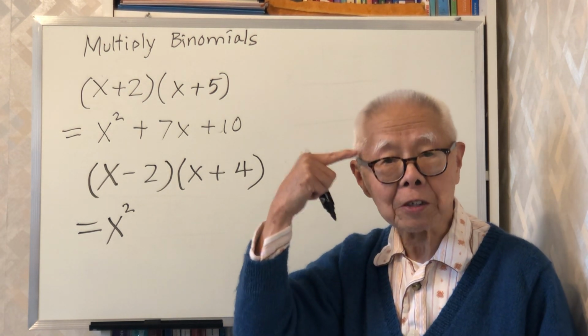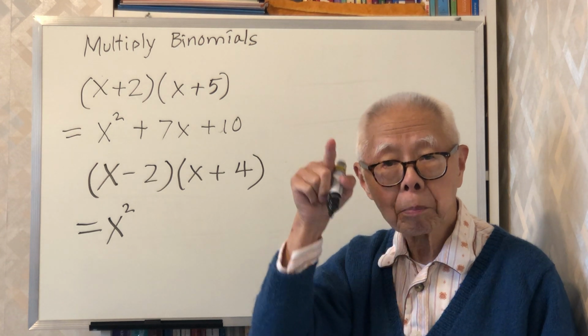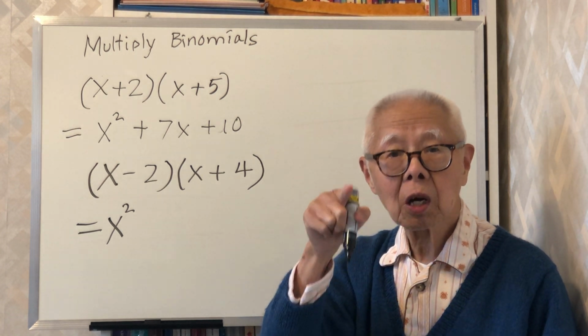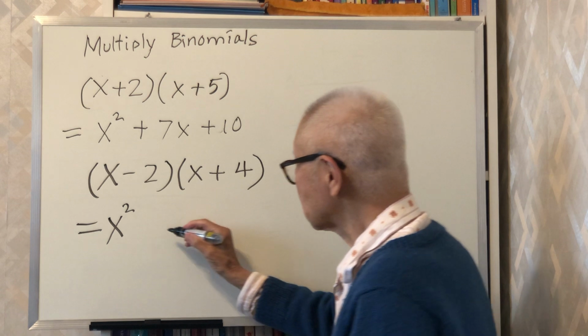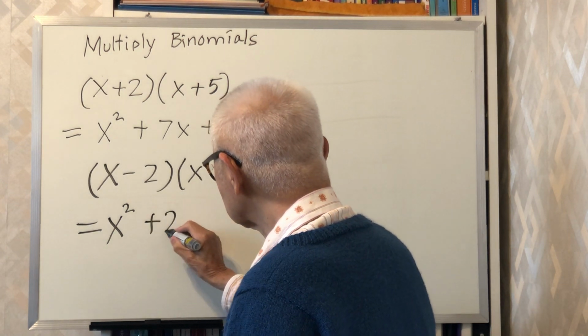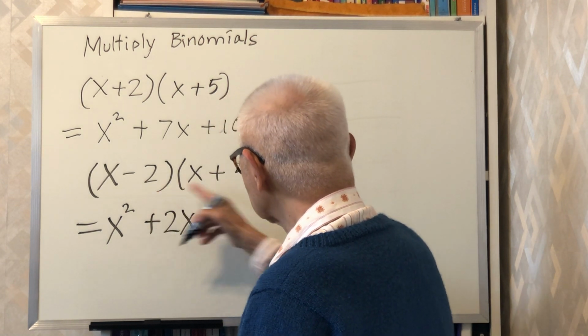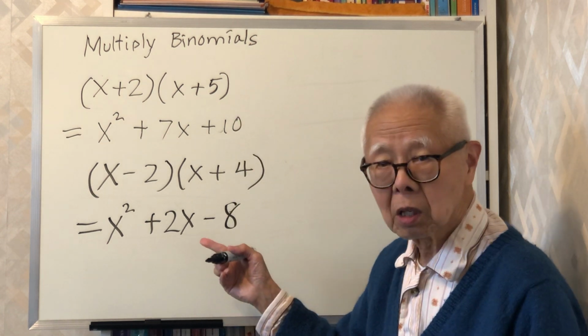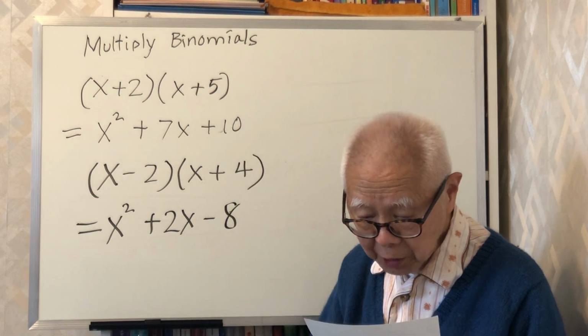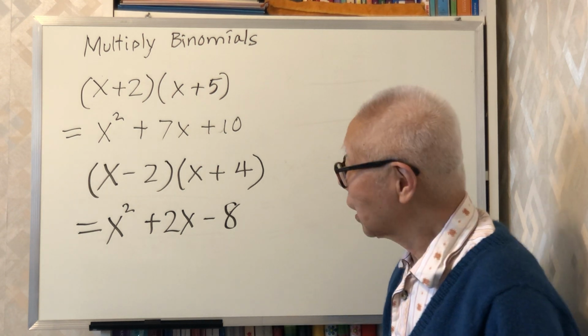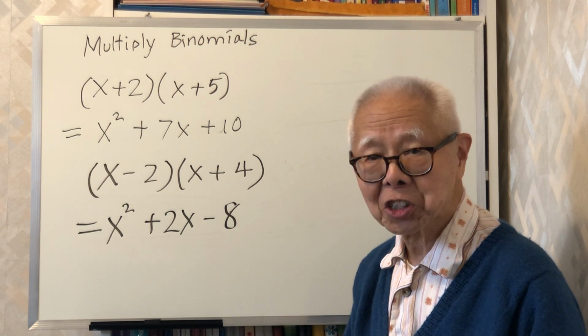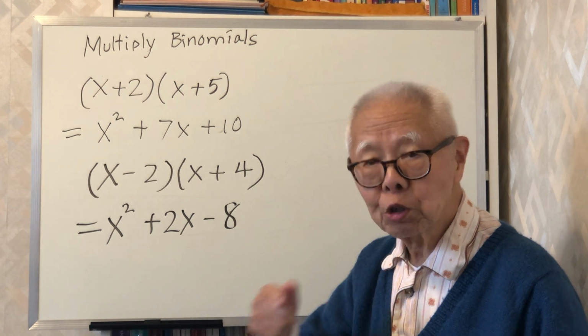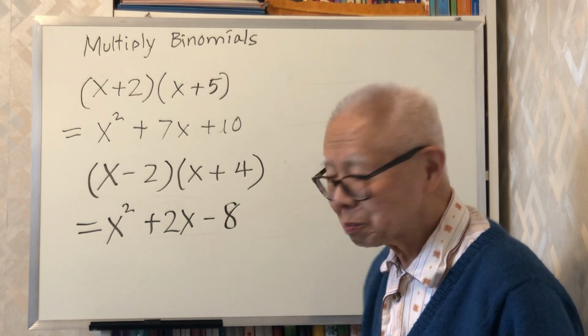Do it in your head. Minus 2 plus 4 is plus 2. That's it. Write down your answer right away. And as I said, I expect you to do this way.